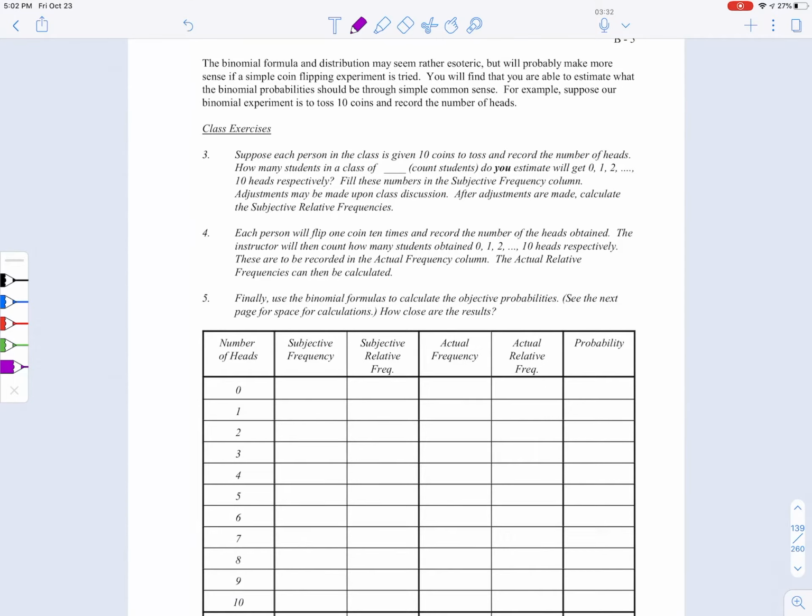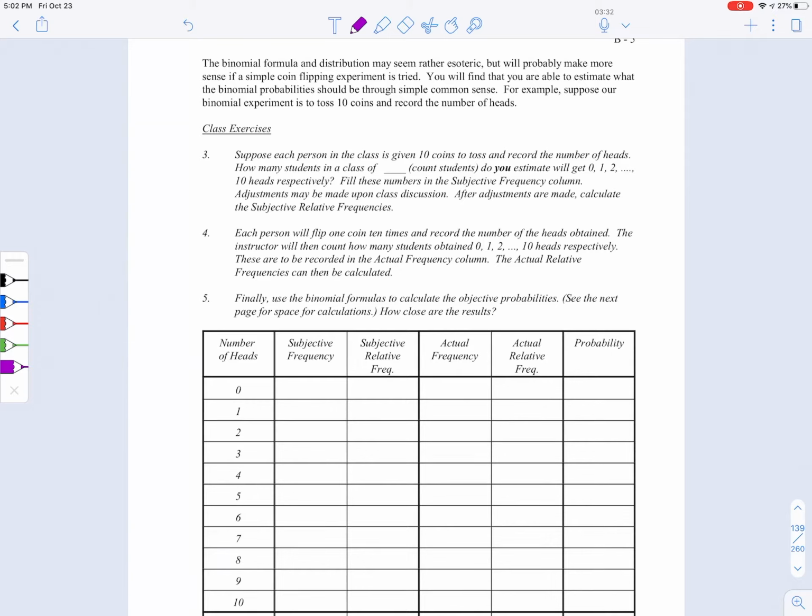If you were to have a whole bunch of people, theoretically an infinite number of people, but even say the number of people in our class, if everybody was given 10 coins and you were asked to flip them all, or I guess another way of saying it would be 1 coin flipped 10 times, right? It would be the same kind of thing. So 10 flips of the coin.